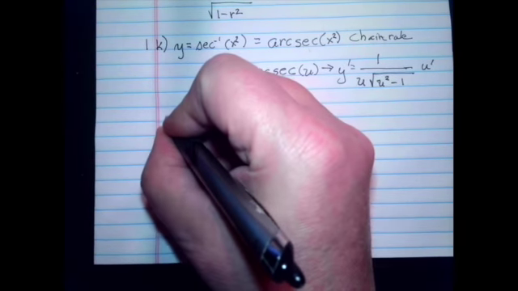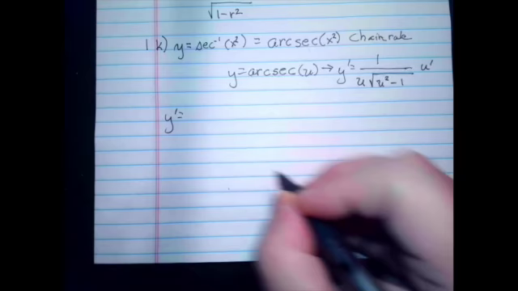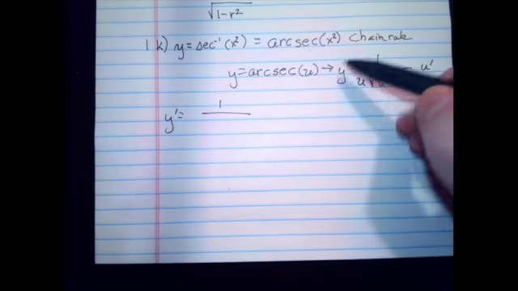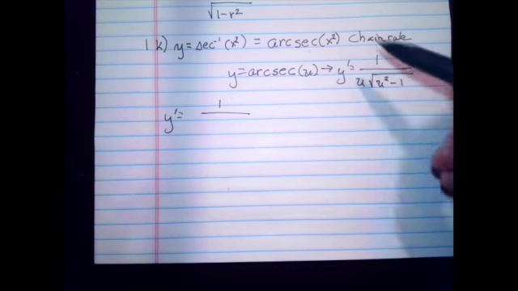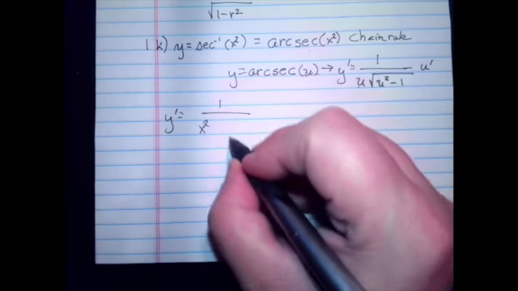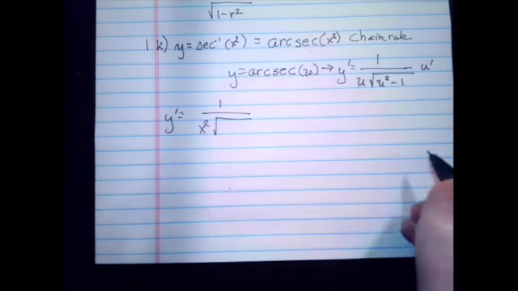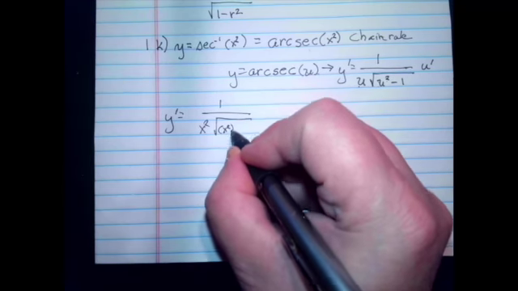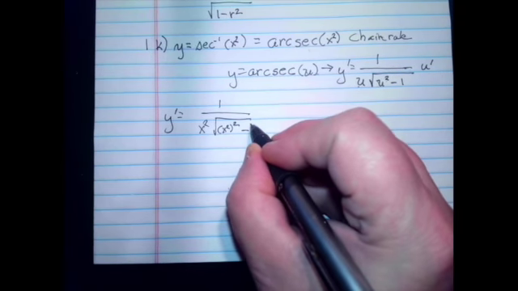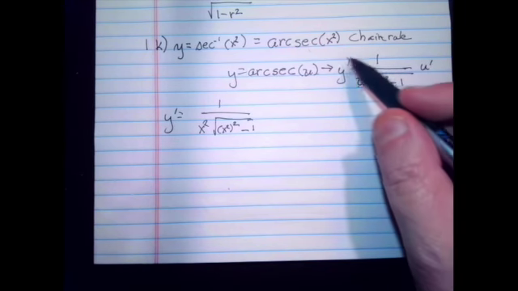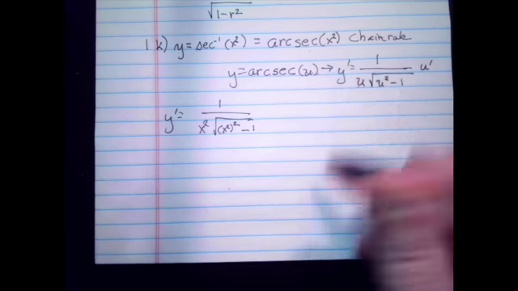So in our case we'll have as y prime 1 over, now our u is x squared, so we'll have x squared here, then the square root of x squared squared minus 1, and then times u prime, the derivative of u is 2x.